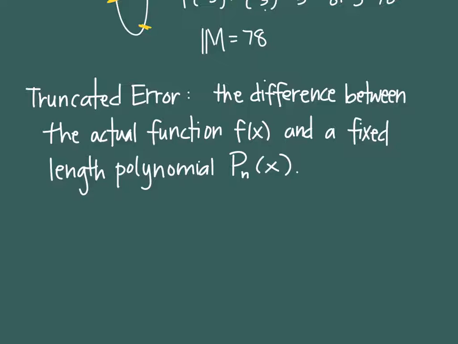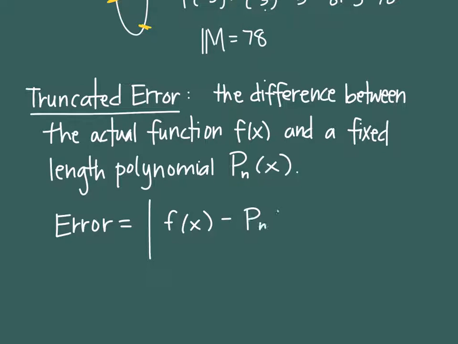The difference between the two of them is called truncated error. So it's the absolute value of f of x minus p sub n of x. It is the absolute value when you're doing a difference, the subtraction between what the function actually is versus what one of the polynomials would tell you it was estimated to be, and how different they are.